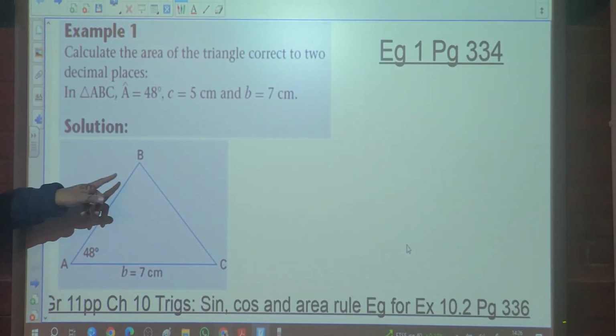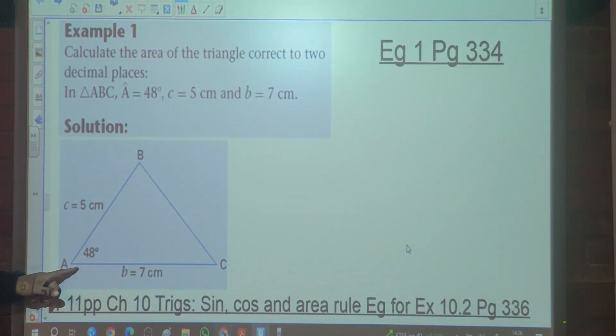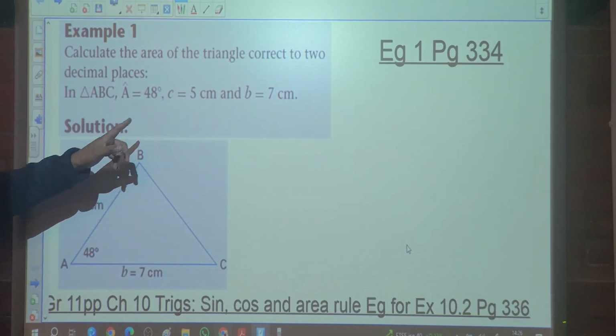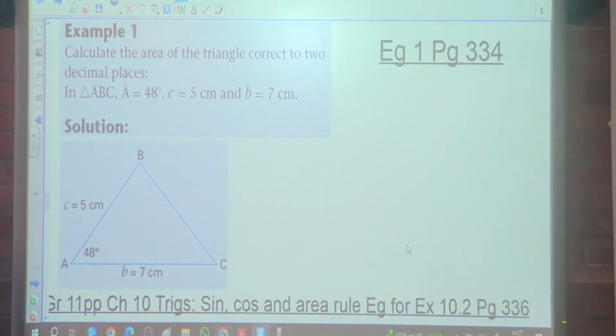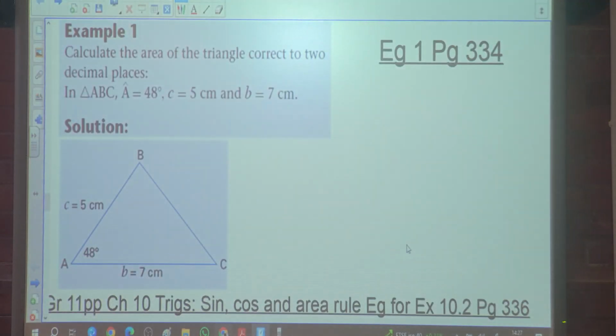In triangle ABC, angle A is 48, c is 5, a is 7. Is this a right angle triangle? No. Do we have two lengths and an included angle here? Yes. So can we apply the sine rule?